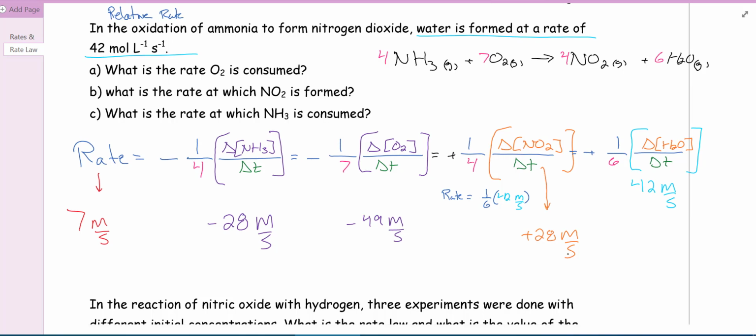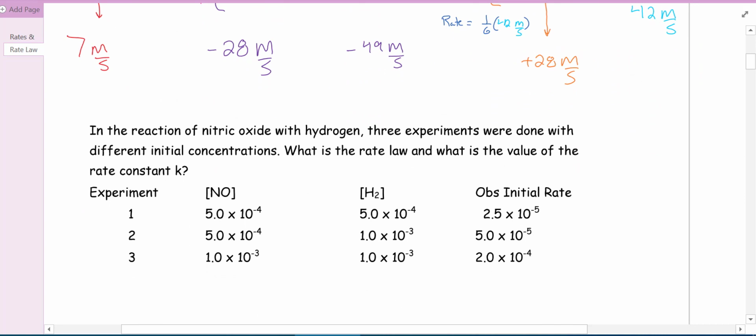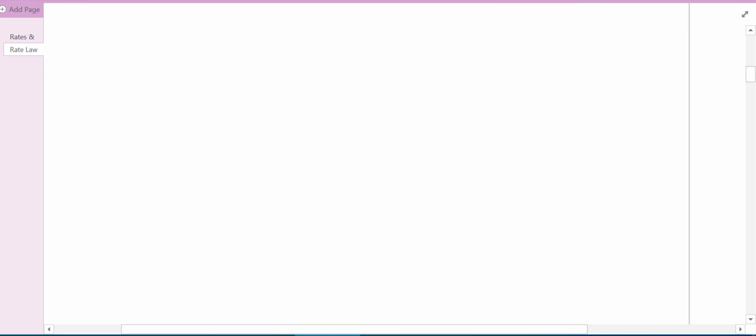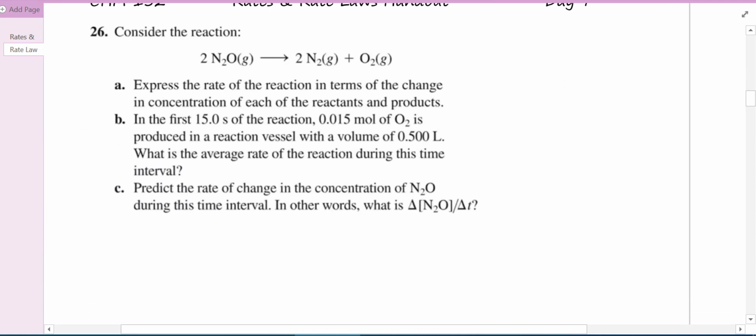Okay? Now, the next, we've already done this one in the lecture, so we're going to skip that. Consider the reaction N2O going to N2 and O2. Express the rate of reaction in terms of the change in concentration of each of the reactants and products. That's relative rate.